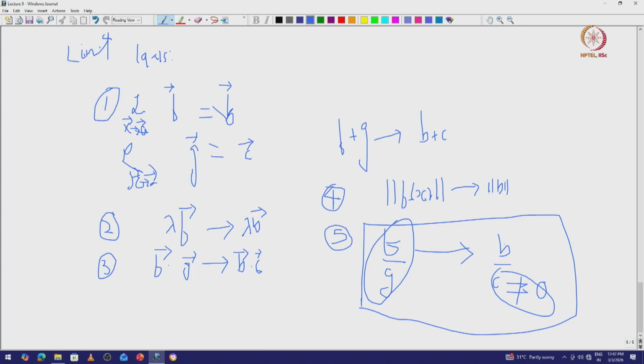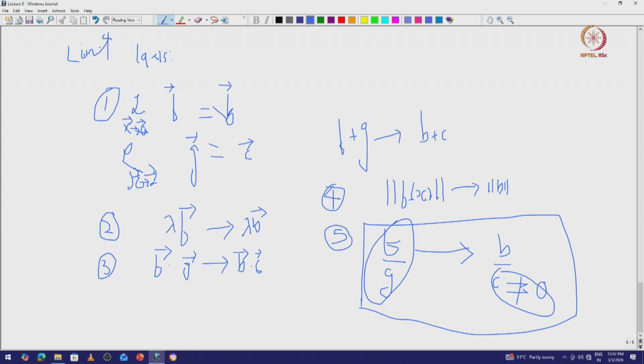If f and g are continuous, their dot product is continuous. If f is continuous, so is the norm of f. If f and g are continuous and g of a is non-zero, then f divided by g is continuous. So the same laws hold for continuity as well.